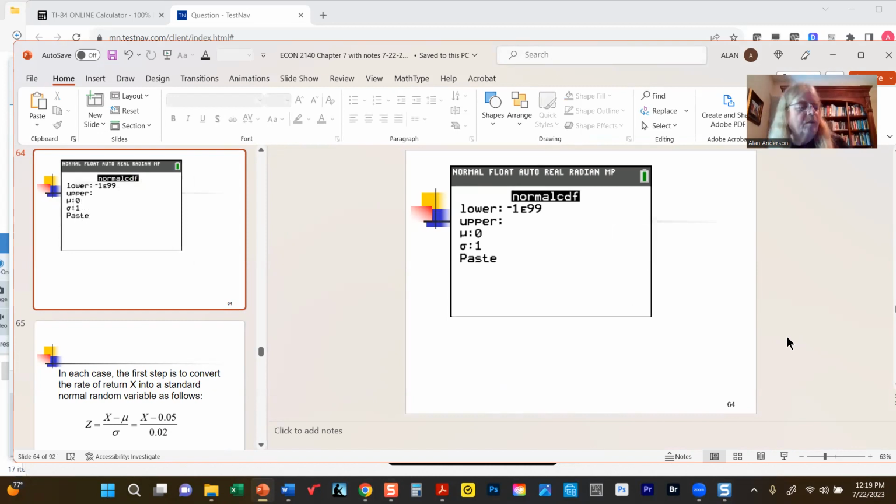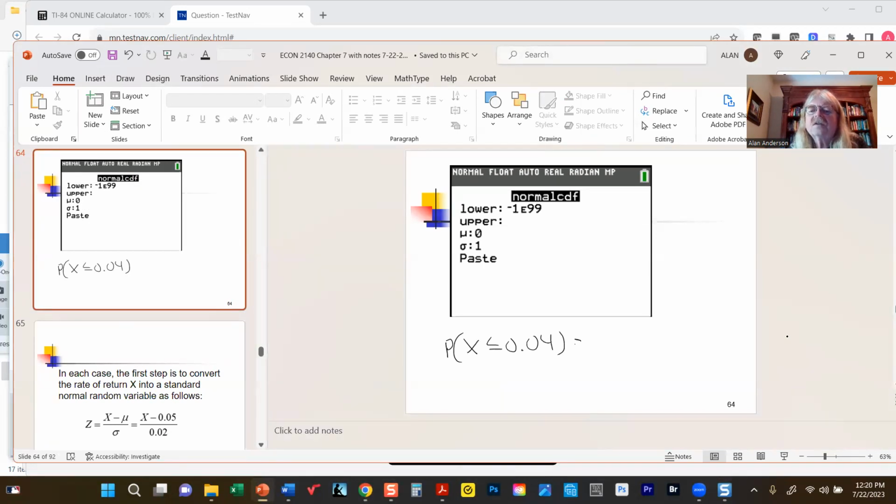So you have to give it 4 pieces of information. Now, what is going on here? We're assuming, first of all, that the curve goes up to positive infinity and down to negative infinity.